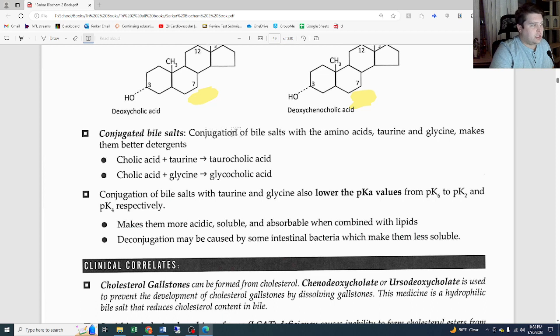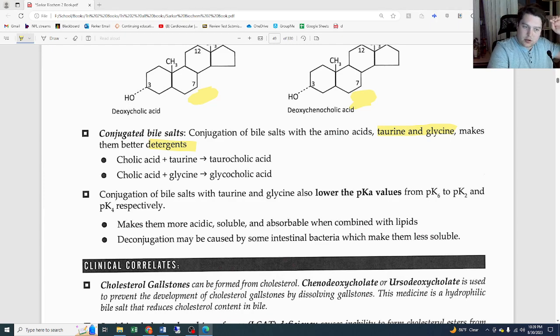Conjugation means combination, like combined. It's the combining of bile salts with the amino acids, specifically taurine and glycine, which helps to make them better detergents.